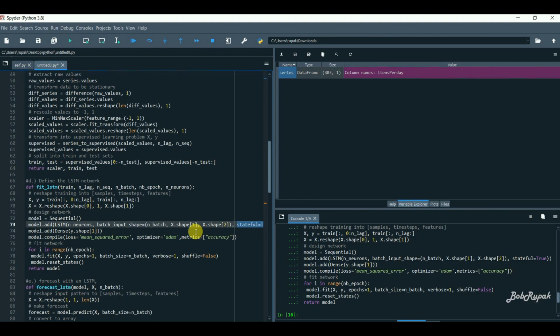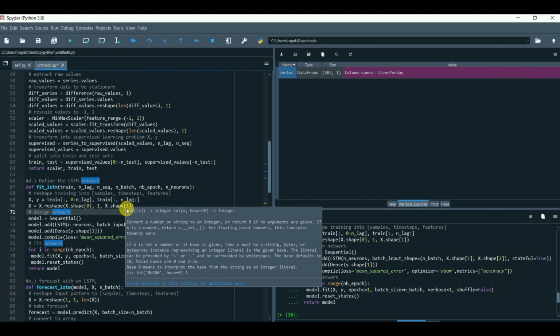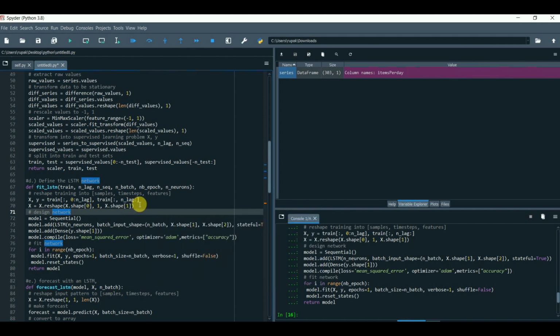LSTM network expects the input data X to be in samples, timesteps, features format. batch_input_shape equals n_batch, X.shape[1] and then X.shape[2]. The batch size of 1 must be used since we require prediction to be made at each time step of the test dataset.